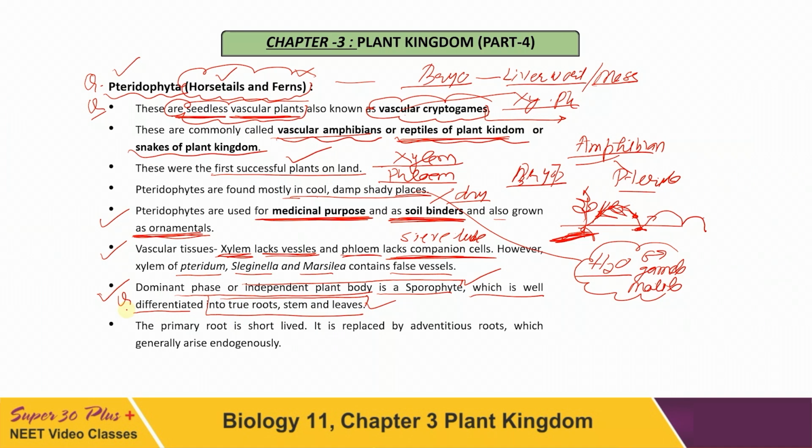Important point. Here the independent phase is the sporophyte. The primary root is short-lived. It is replaced by adventitious roots, which generally arise endogenously. True stem, true leaves, and true roots are present here.